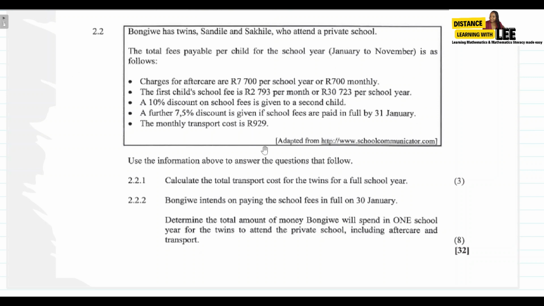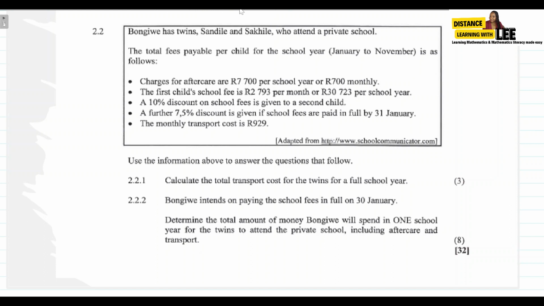So this is the information that we are going to use to calculate the total cost of the school fees that Mrs. Bongiwe pays per child, as well as in total. So let us have a look at the questions. Question 2.2.1: Calculate the total transport costs for the twins for a full school year.